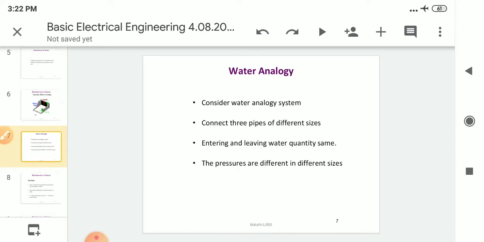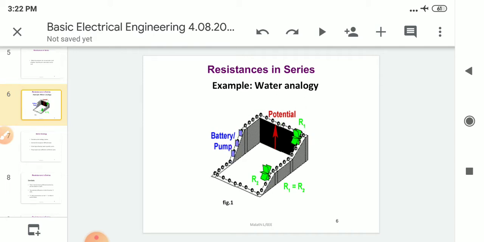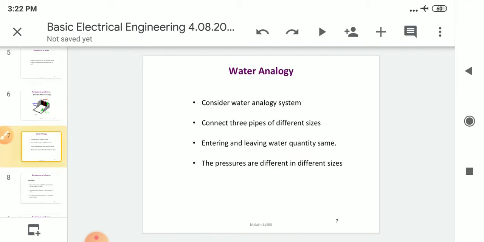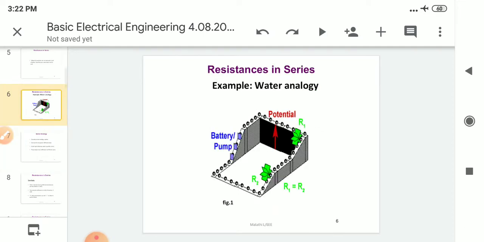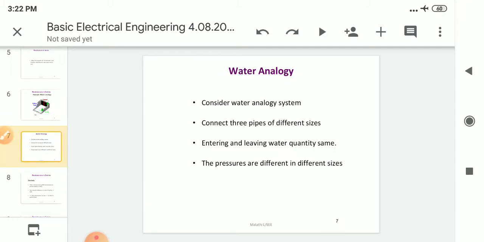Consider this water analogy system. Three pipes of different sizes, and the entering and leaving water quantity is the same, but the pressures are different.